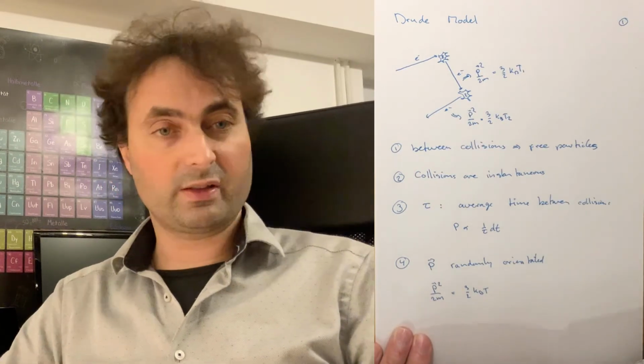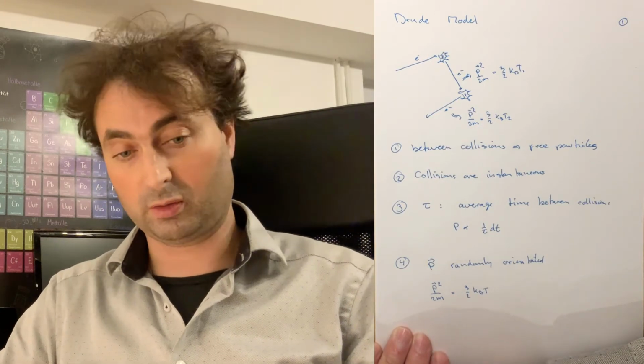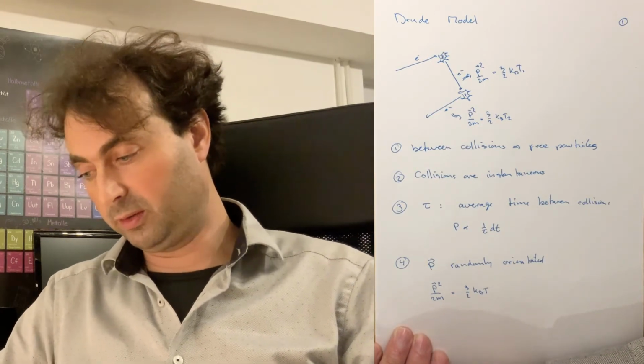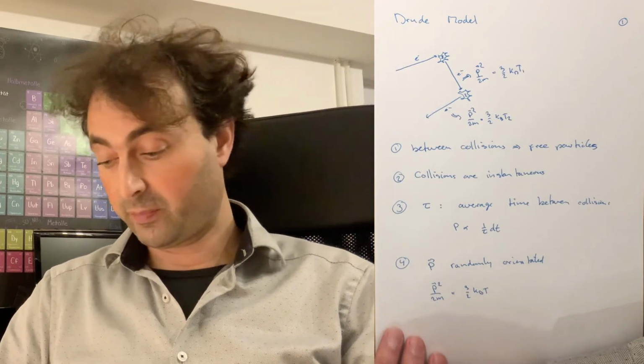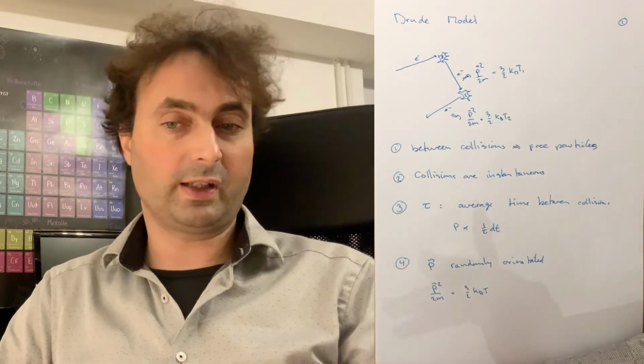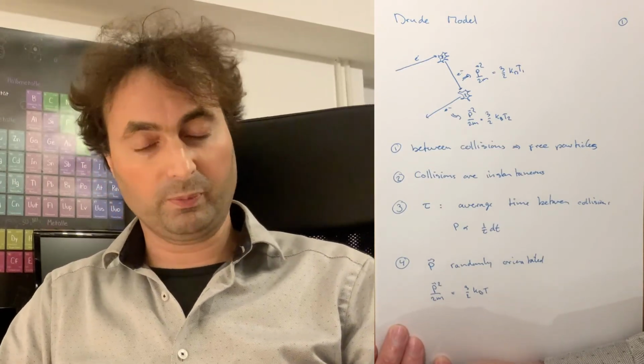These are all the ingredients that we need, together with basically Maxwell's equations, or the Coulomb law, if you put this in a potential to accelerate electrons. And then from that we can derive all the properties that you find within the Drude model.